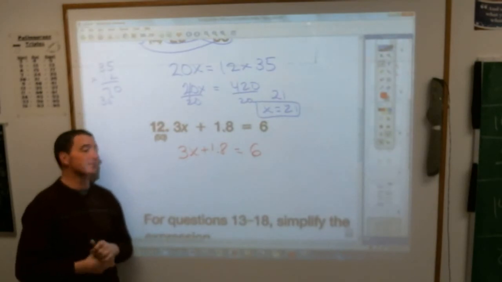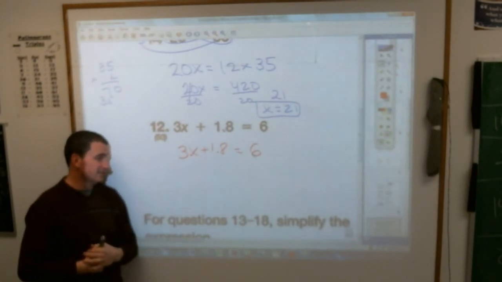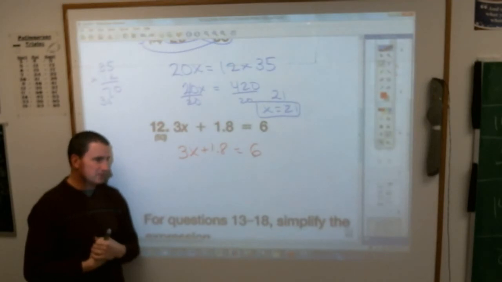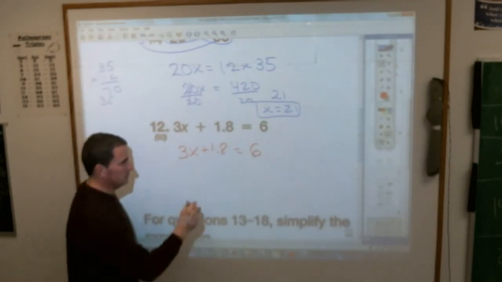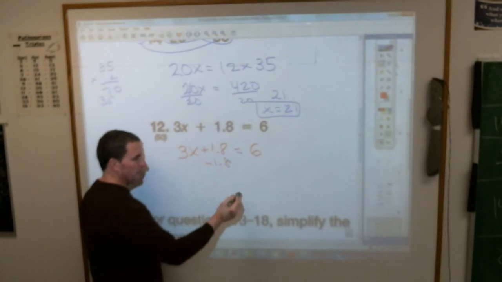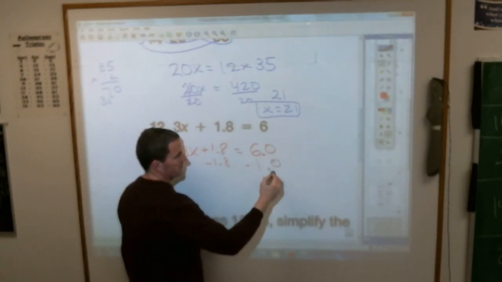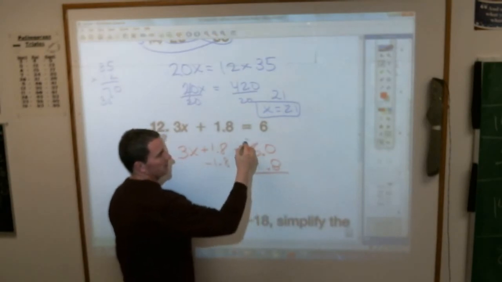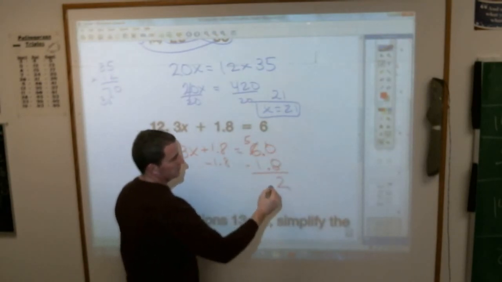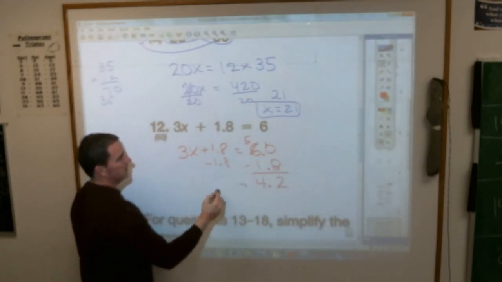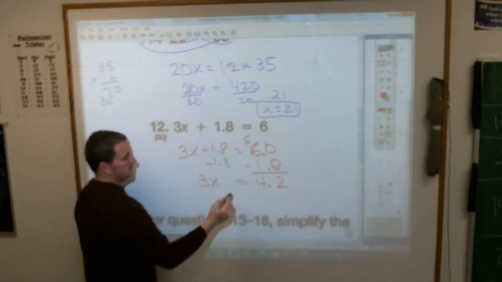The first thing you have to get rid of is 1.8. Think opposites. It's plus 1.8, so you need to subtract 1.8. If you struggle with decimals, you're going to struggle with this, but you need to line up your decimals. That gives 4.2 equals 3x.